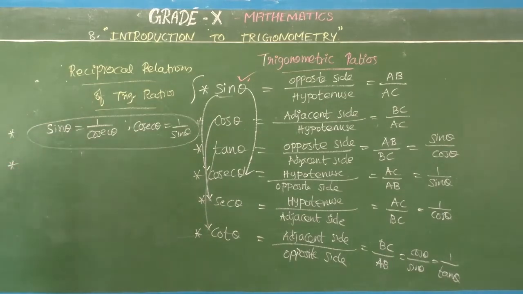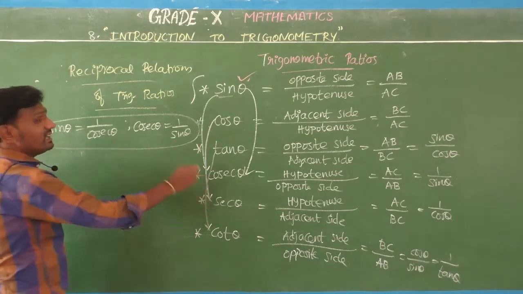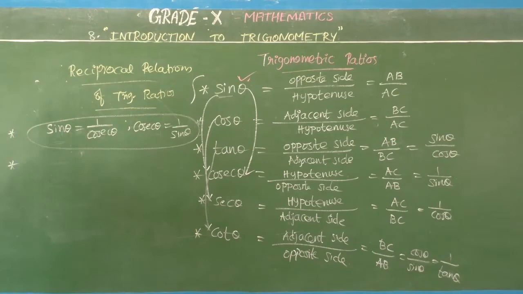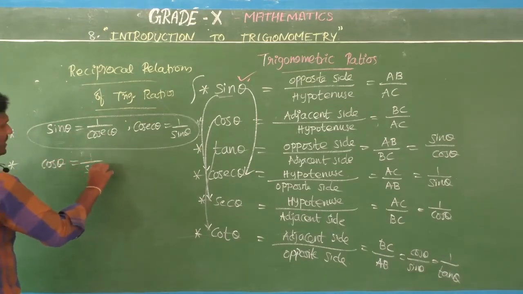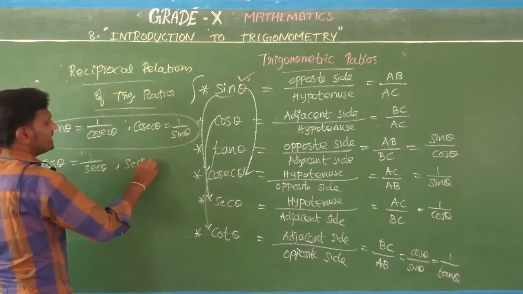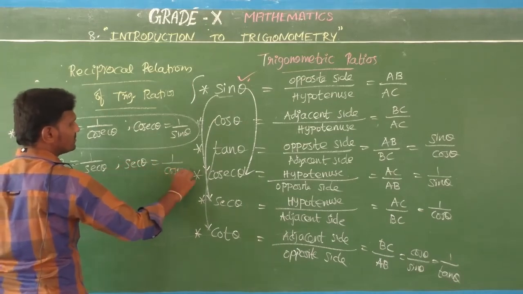Now coming to the second, I already told you cos and secant. Yes, students? Okay. Now cos theta is the reciprocal of secant theta, and secant theta is the reciprocal of cos theta. So cos theta is equal to 1 by secant theta, and secant theta is equal to 1 by cos theta.